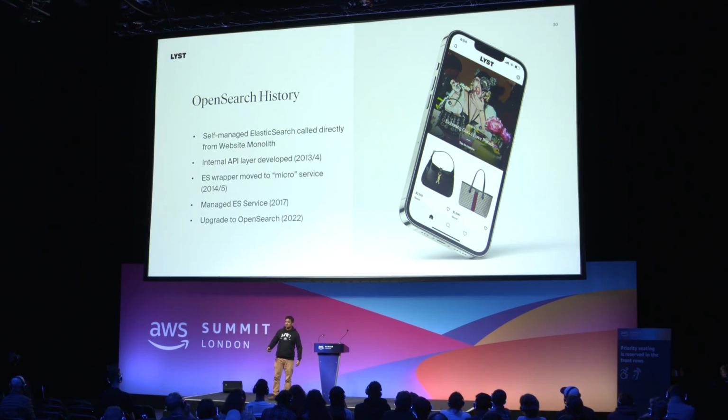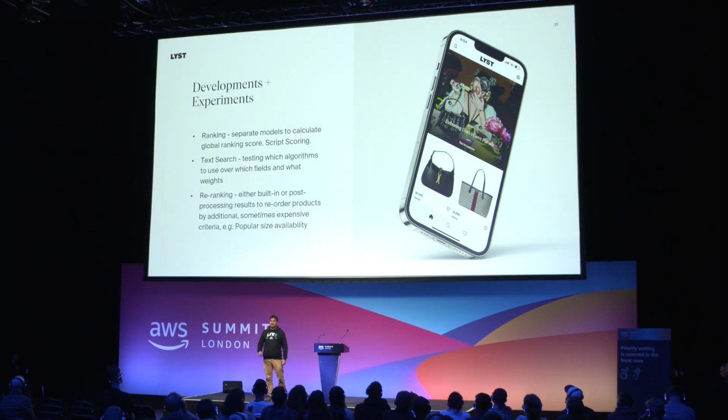As you can see, the next step was moving from calling our own self-managed Elasticsearch cluster. Amazon, at about this time, offered a managed service. Of course, we planned and made that switch in 2017. And then most recently, the large change has been the upgrade from Elasticsearch to OpenSearch to give us the latest features that are available.